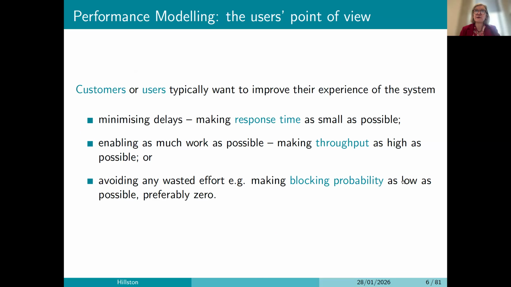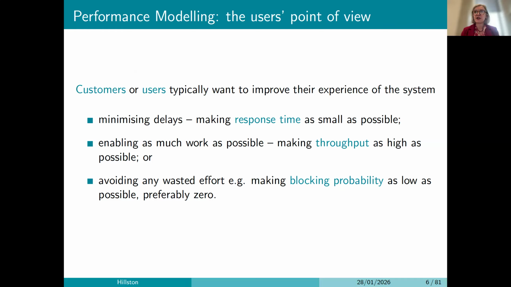The customers or users of a system will want to improve their experience of the system. So this will be minimizing delays. Ideally, whenever they want a resource, it's available to them, in which case their response time, the time that they spend interacting with the system, will be the shortest possible. It will just be the time it needs to do their work, and they won't suffer any of this contention.